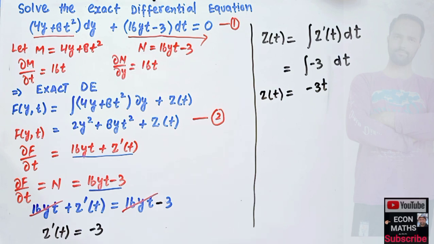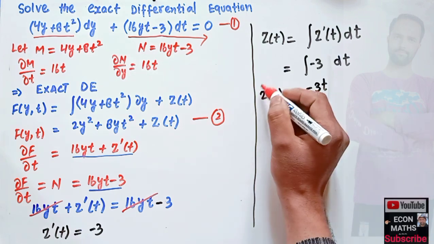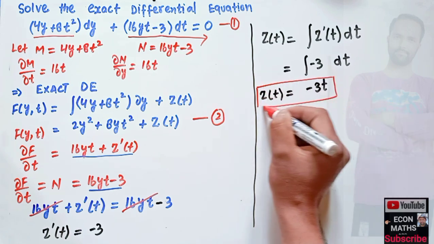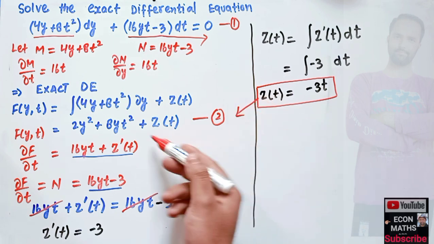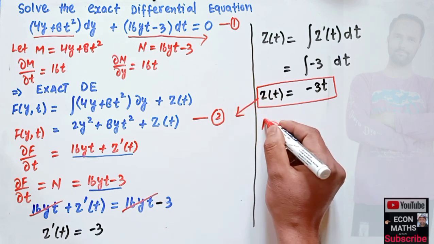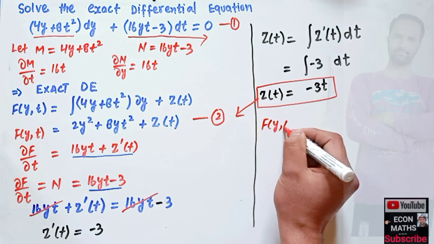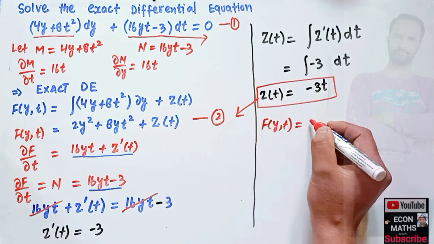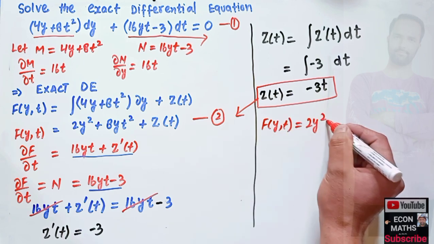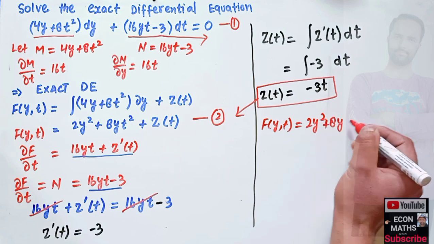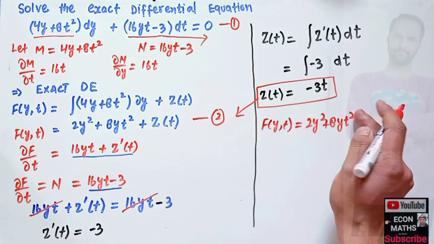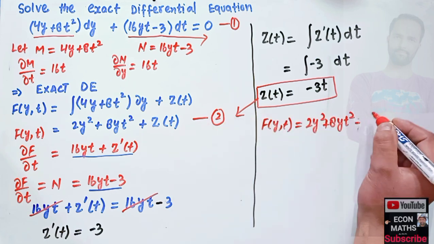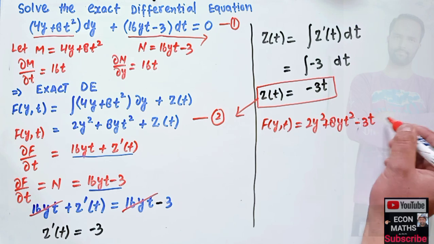We substitute this value of z(t) in the second equation. That means f(y,t) will be equal to 2y² + 8yt² − 3t plus the constant of integration.